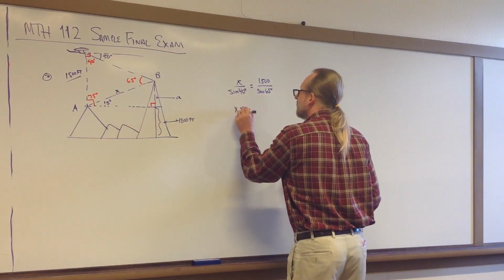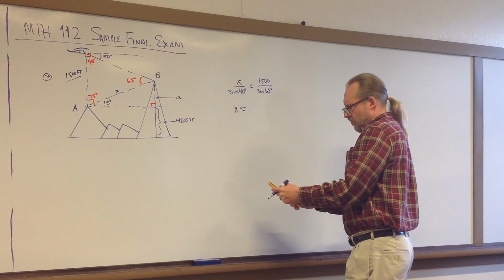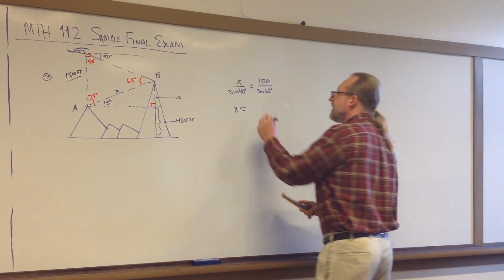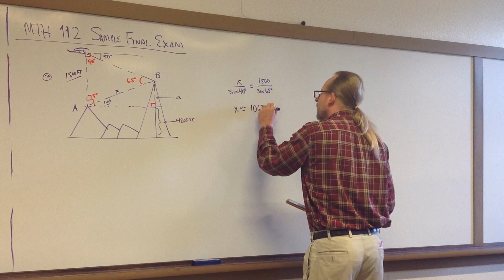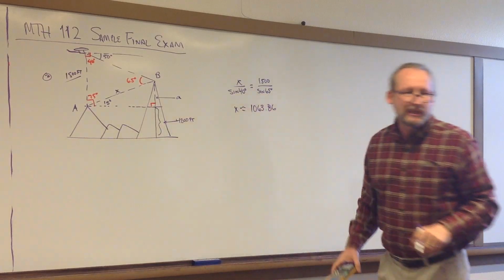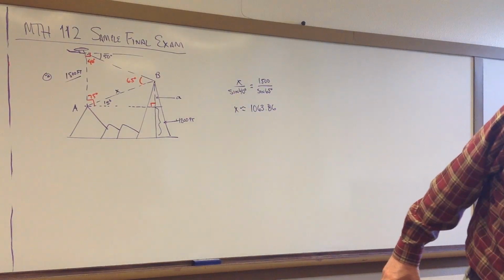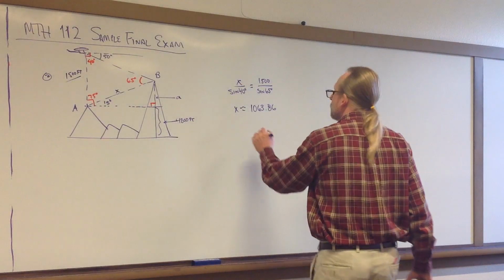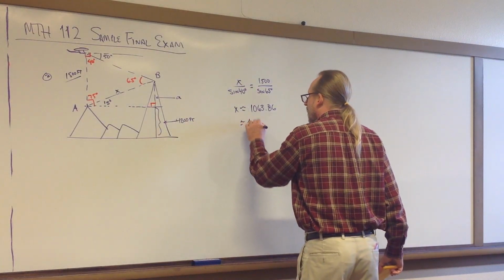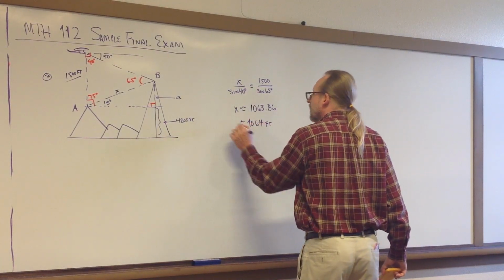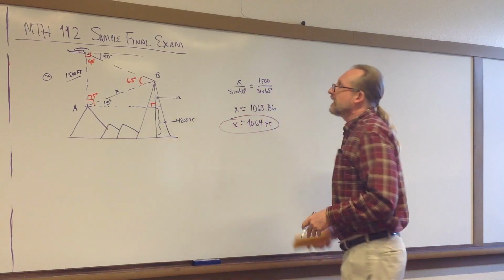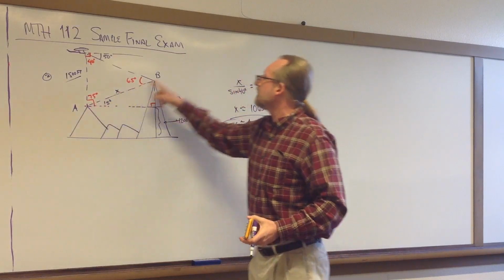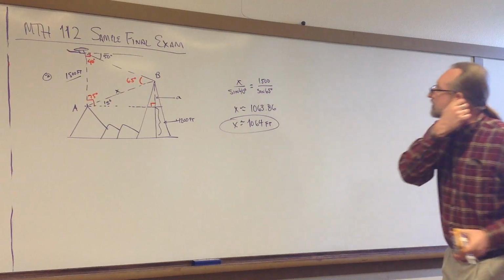And that tells us x is going to be 1,063.86 approximately. And what are we rounding to here? To the nearest foot. So this is going to be 1,064 feet. And we don't have to do anything else to that. That is, x is the distance between the two mountain peaks.